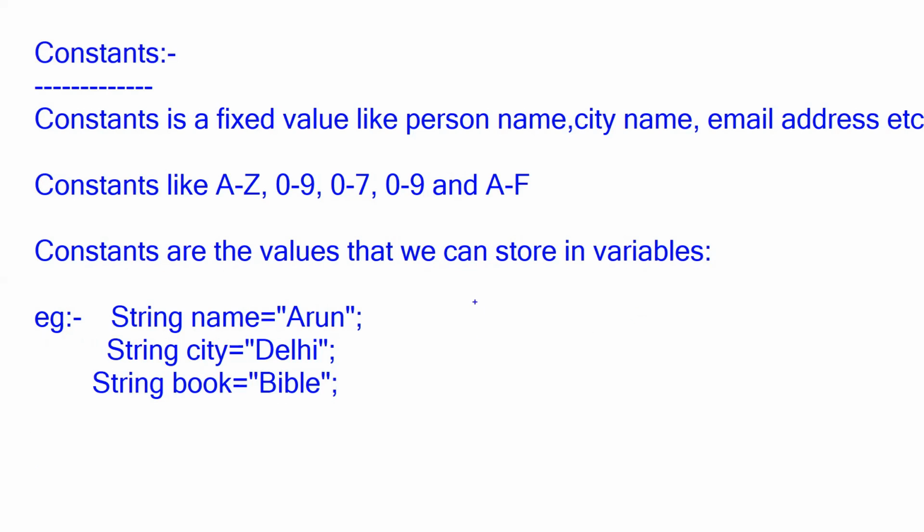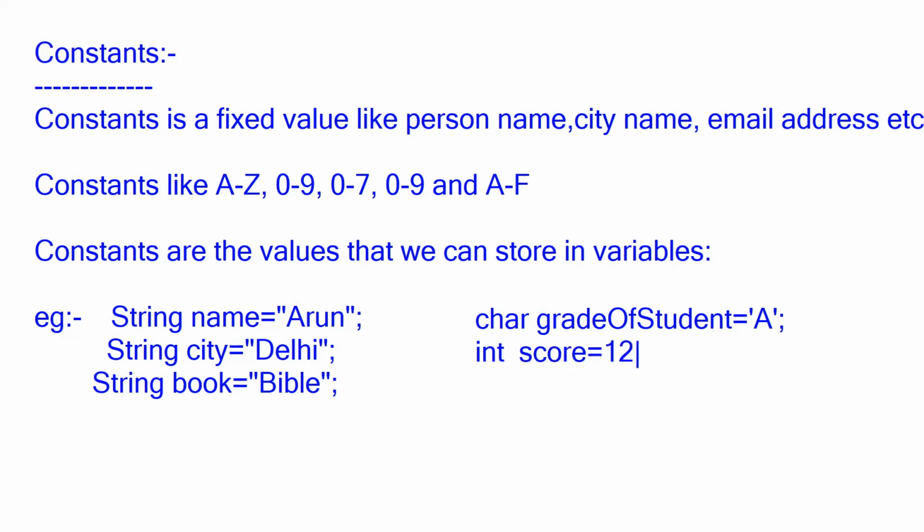And we will also take the grade of a student. Let us say the boy got A grade. So that is also a constant, right? The English alphabet A to Z. The same way, int score. The student scored some marks in the exam, like 60.